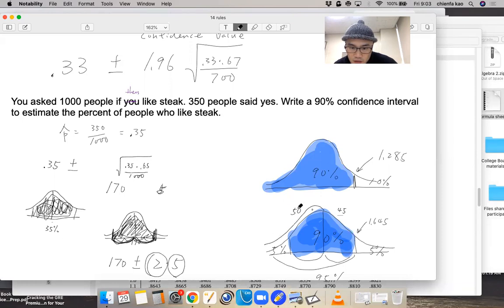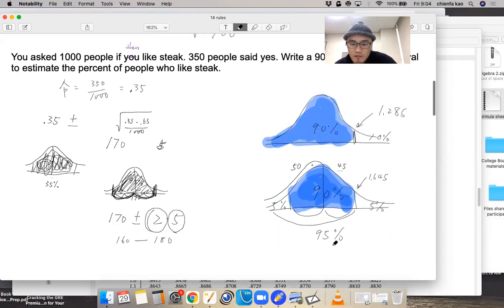This is 50, so you actually need to look at 95% on the Z table, so that this Z-score will be 45% to the right of the center. And then if you do plus minus that, it will become 90%.